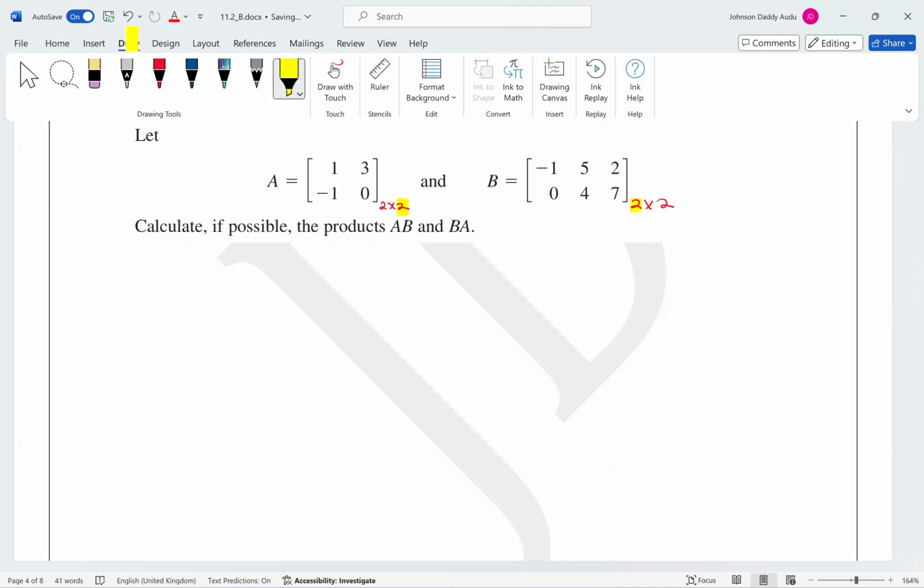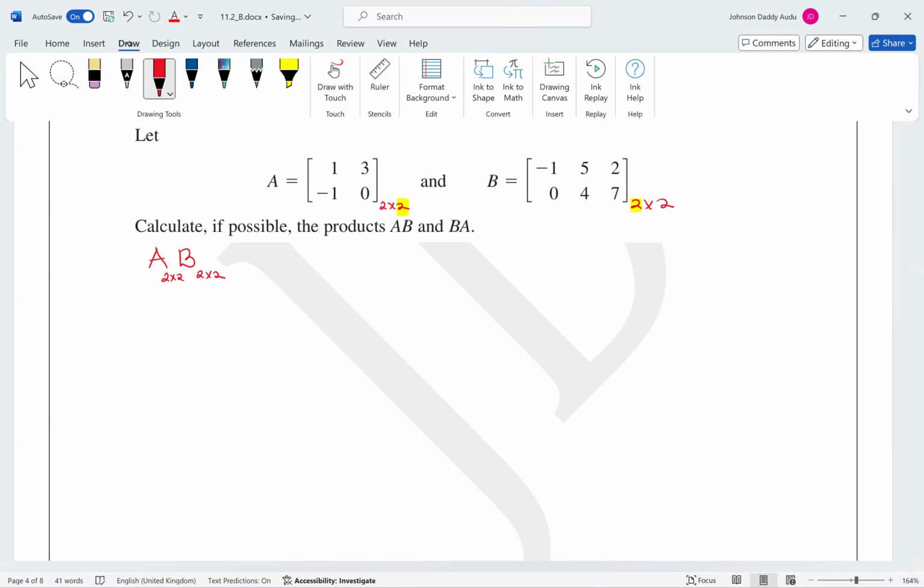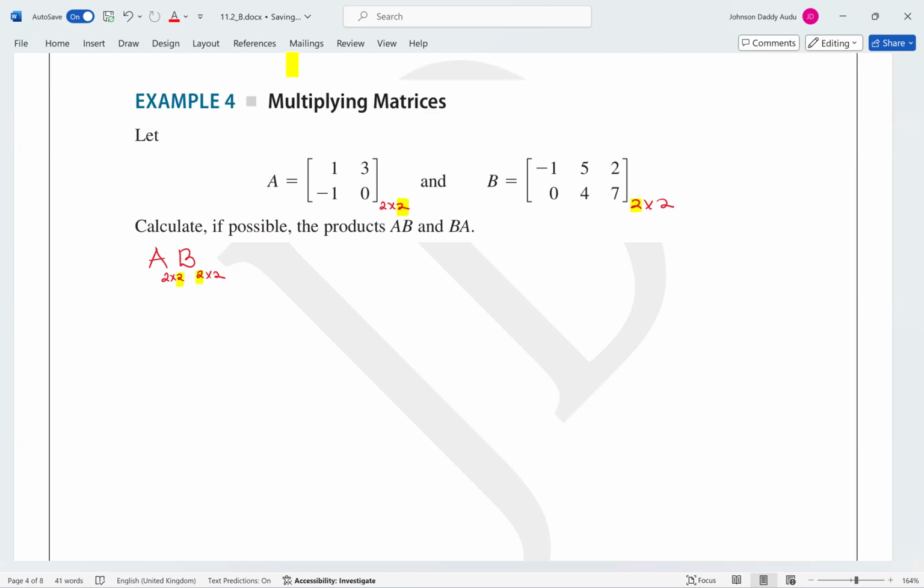So AB is possible because this is 2 by 2, and this is also 2 by 2.